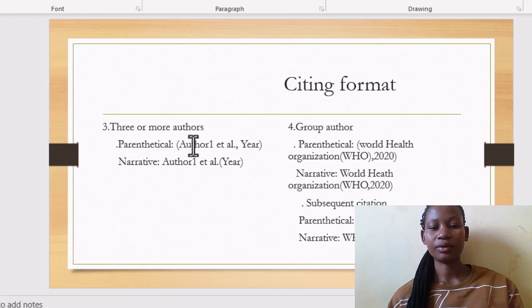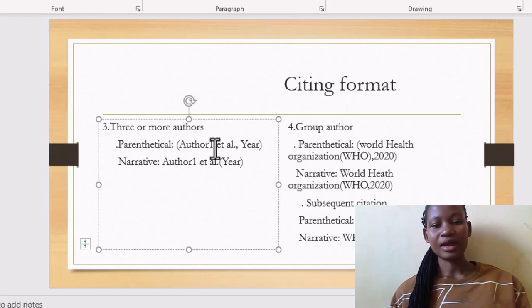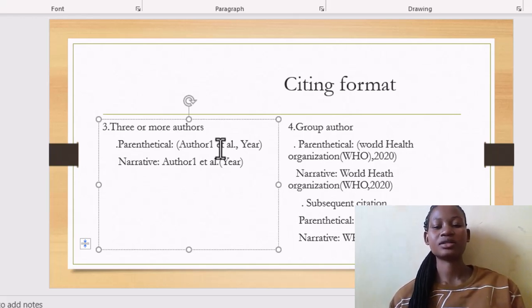We shall have author 1, and then et al., and then you put a full stop and then a comma. This et al., you can pronounce it your own way. For me, I'll just mention the letters E-T A-L. It means other authors. So you can just write it in that simple format to mean other authors.